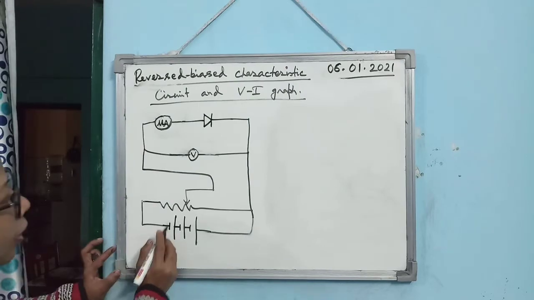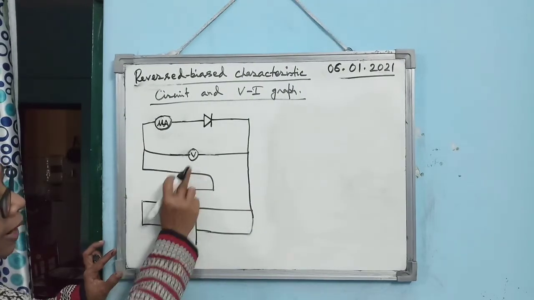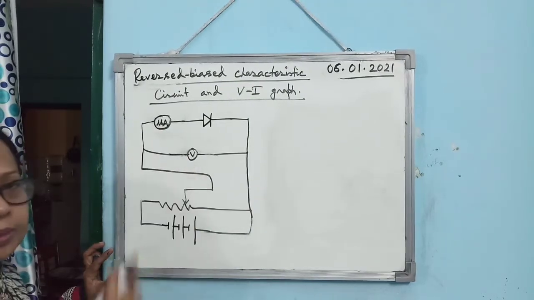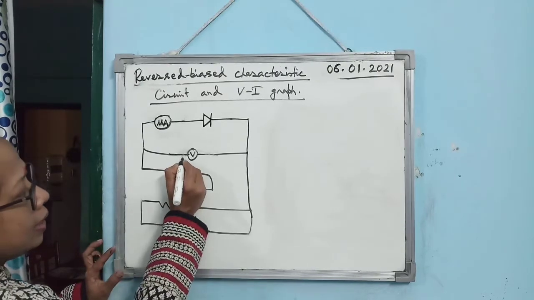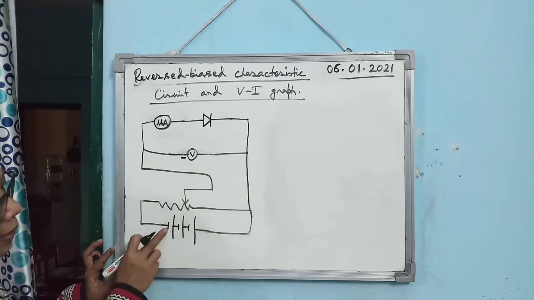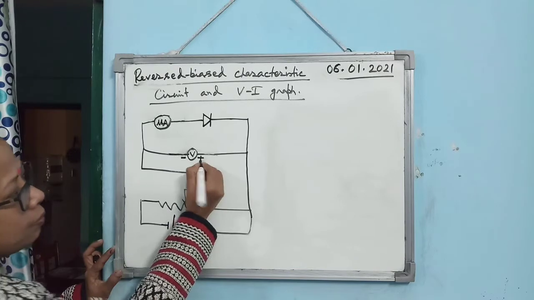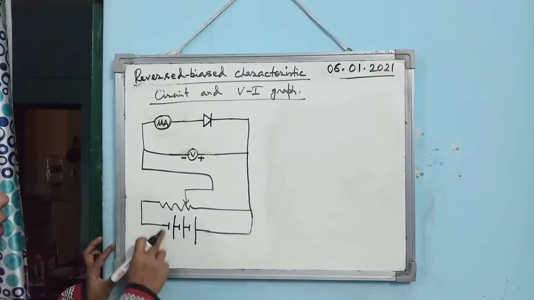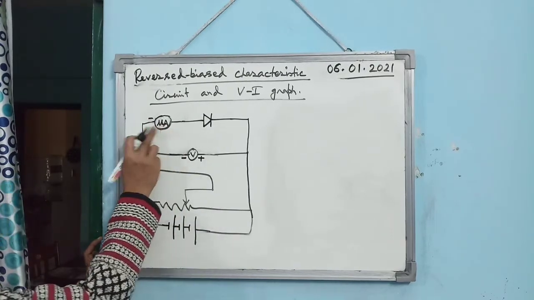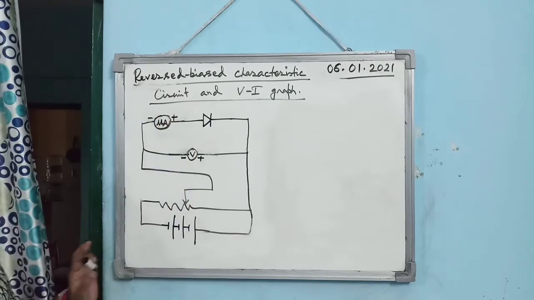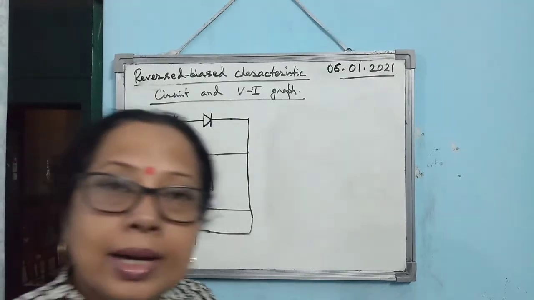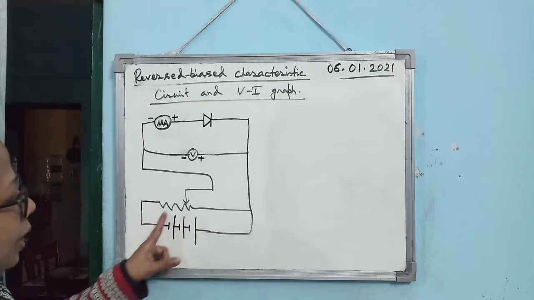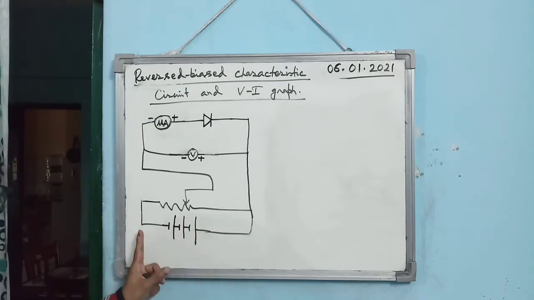Now, another point, you see here the ammeter and voltmeter connection you have to change. Why? Because now this will be negative terminal of the voltmeter and this will be positive terminal of the voltmeter. Like that, this should be negative terminal of the ammeter and this should be positive terminal of the ammeter. Alright. So you see here the potential is in the opposite direction.